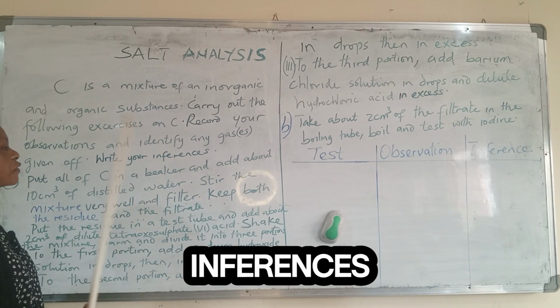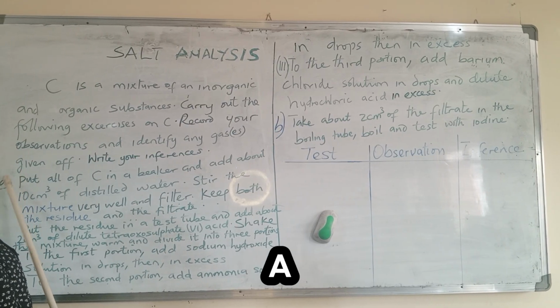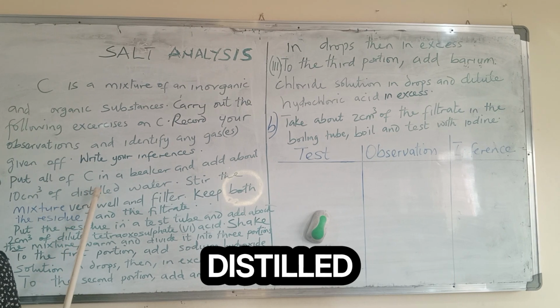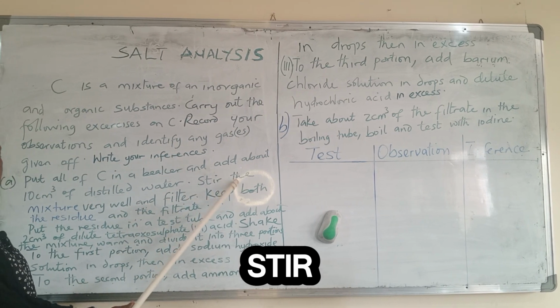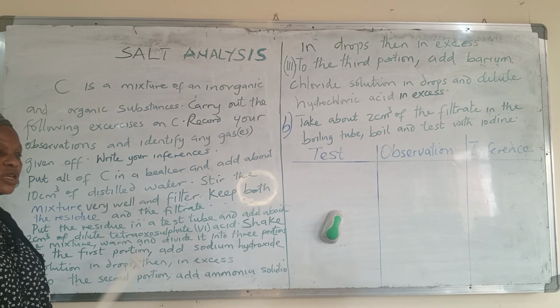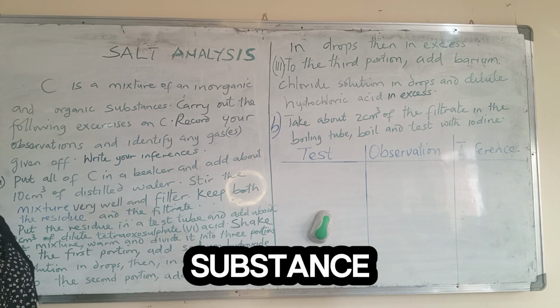Write your inferences. The first one says A: put all of C in a beaker and add about 10 cm³ of distilled water. Stir the mixture very well and filter. Meaning we are dealing with an insoluble substance and a soluble substance.